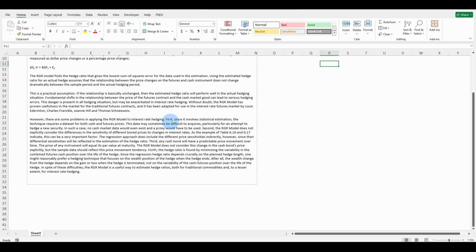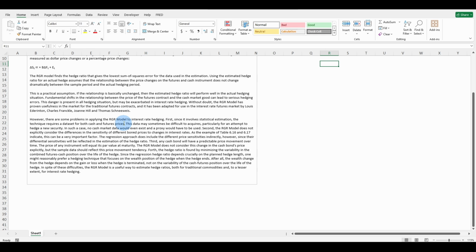First, since it involves statistical estimation, the technique requires a data set for both cash and futures prices. This data may sometimes be difficult to acquire, particularly for an attempt to hedge a new security. In such a case, no cash market data would even exist, and a proxy would have to be used.